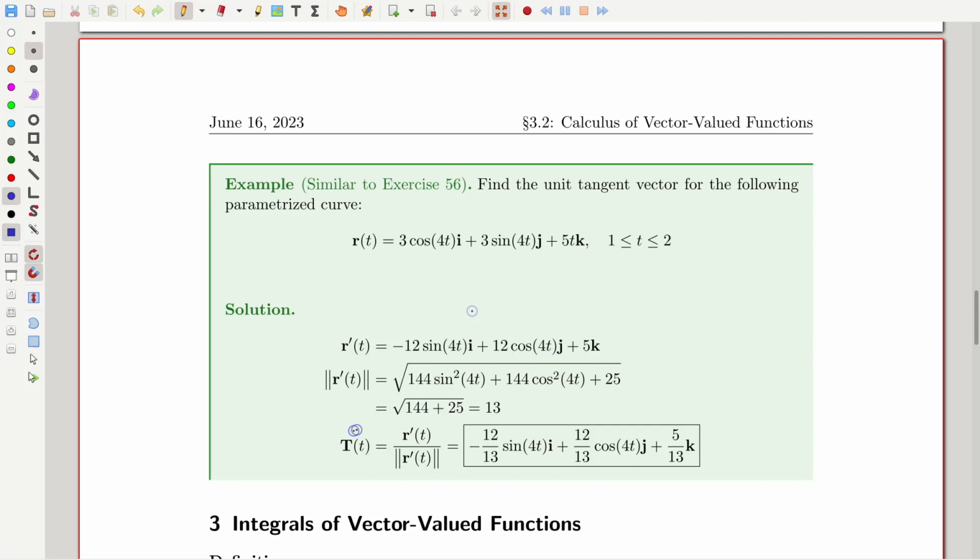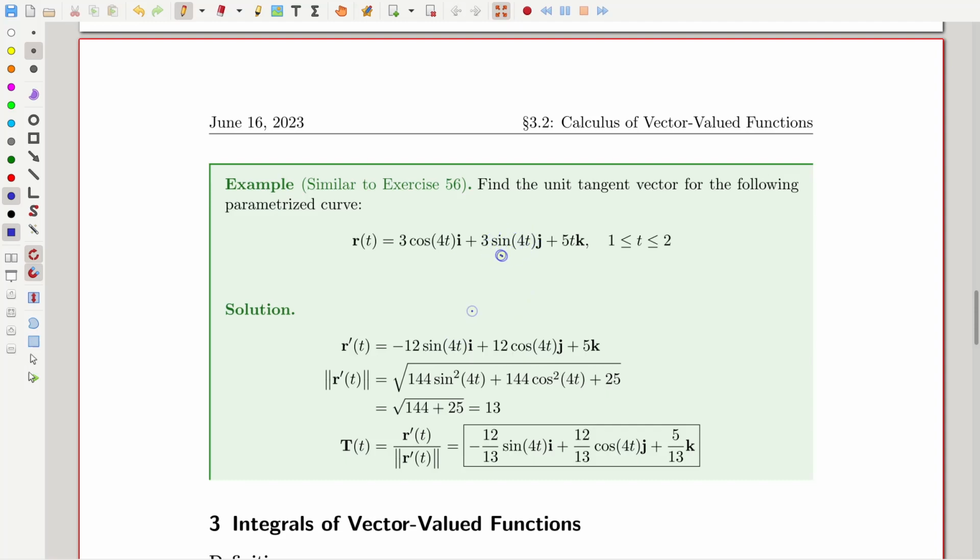So the process is that you are just trying to compute the formula. You're trying to compute r prime of t divided by the magnitude of r prime of t. So we start by computing r prime of t, which means that we take the derivative of each of the component functions. That just involves a chain rule, right? So cosine of 4t, its derivative is negative sine of 4t times 4. And so you clean it up to get this.